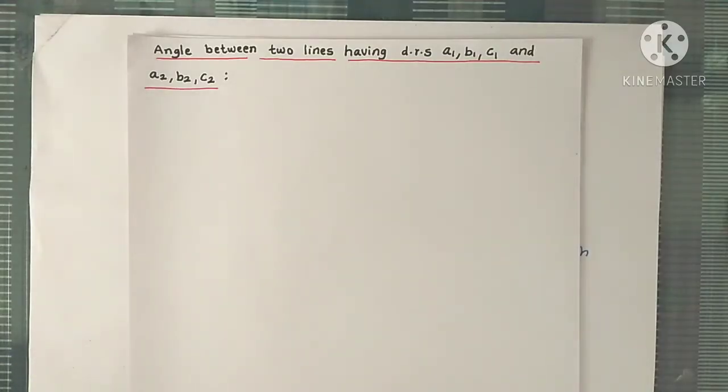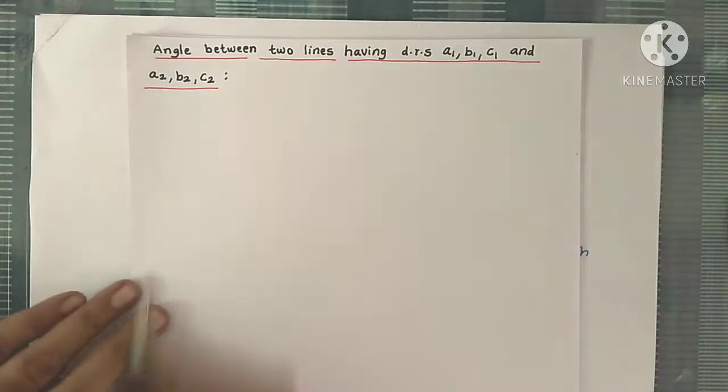In this video, we are going to study some questions based on the angle between two lines whose direction ratios are given. So if the direction ratios of two lines are A1, B1, C1 and A2, B2, C2, then how do we find the angle between them? But before that, let's study the angle between two lines having direction cosines L1, M1, N1 and L2, M2, N2.